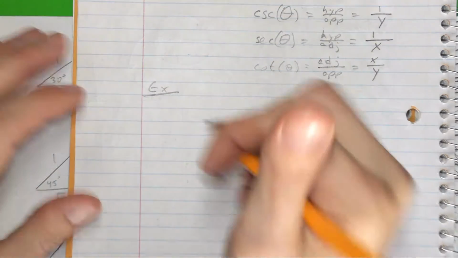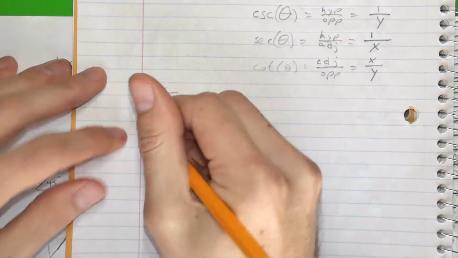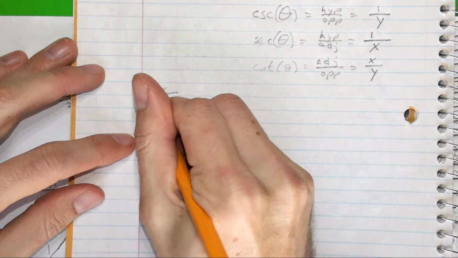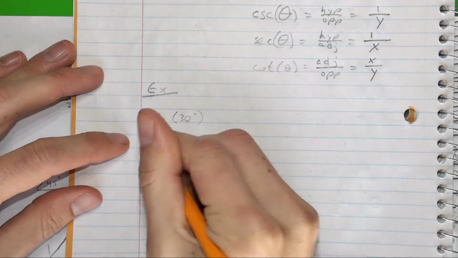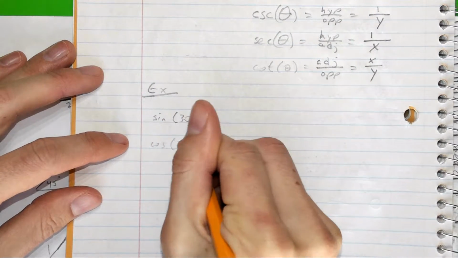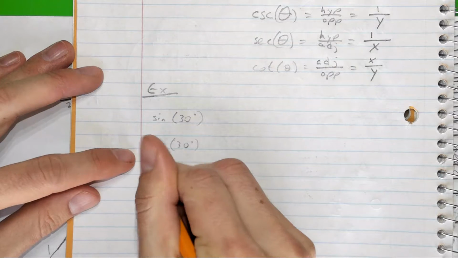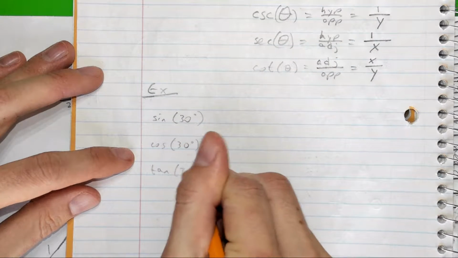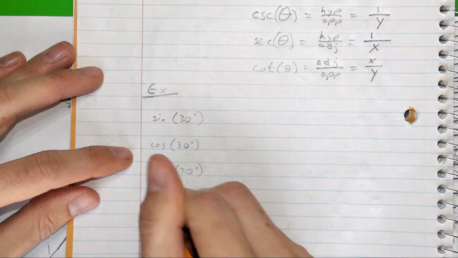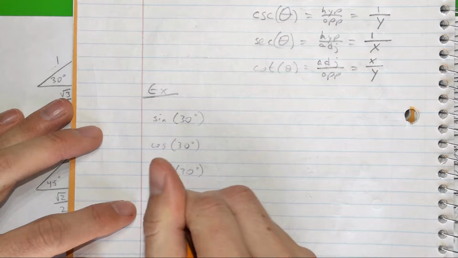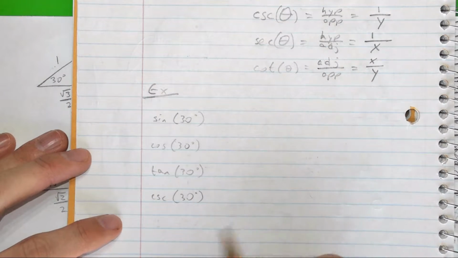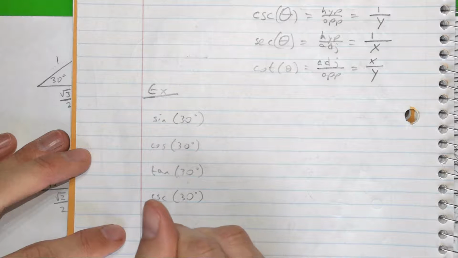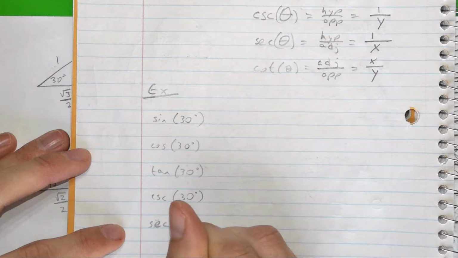Okay, let's say I want to find all 6 trig ratios for 30 degrees. And I'm going to do it not from looking in my notes or from typing it in the calculator, which doesn't give me an exact value anyway.